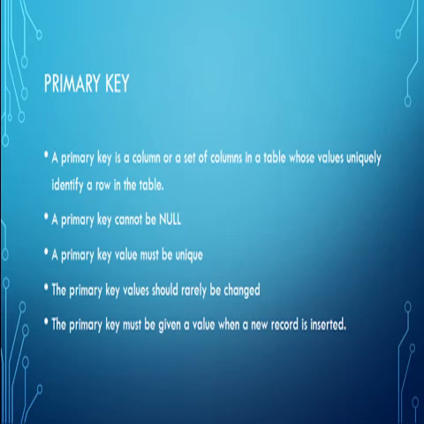Primary key. A primary key is a column or a set of columns in a table whose values uniquely identify a row in a table. A primary key cannot be null. A primary key value must be unique. The primary key values should rarely be changed.